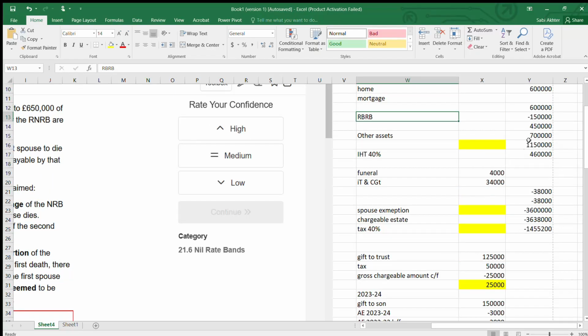So now in this case, residence nil rate band will be eligible to two residence nil rate bands. That is 175,000 into 2, 350,000.